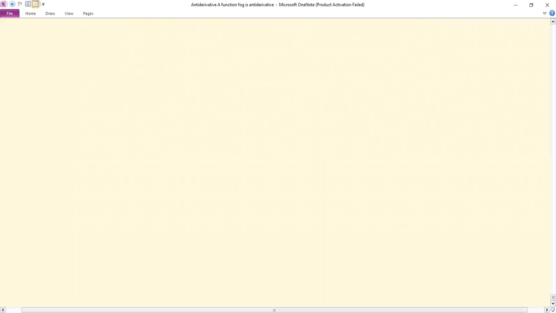And then case two is when n is of the form 2k plus 1. That means that n is odd, the power of cosine is odd.